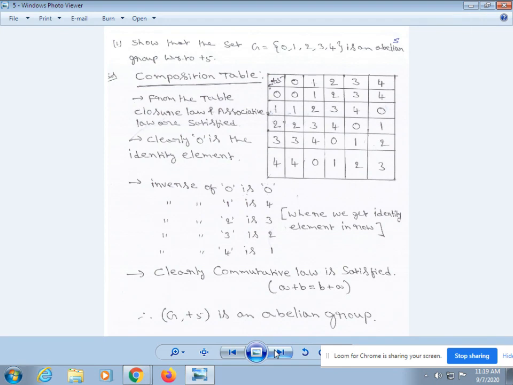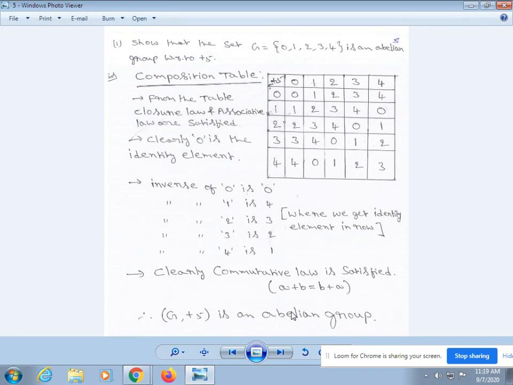In the same way 0 plus 4 is 4. In all these elements we observe a principle: less than 5, then we get the same number. Next, in the same way, second row, 1 plus 0 addition modulo 5 is 1.